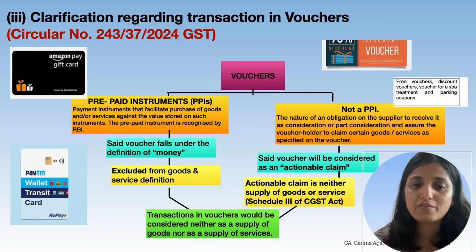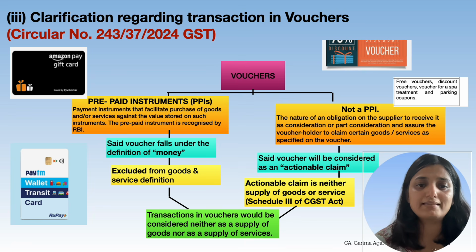So it is very specific. Like, you go to a local spa and you have that voucher linked to that spa, so you can only get that service based on this voucher. So you know what ultimate goods or services you are going to get out of it. Other examples are free vouchers and discount vouchers, which are not a PPI.